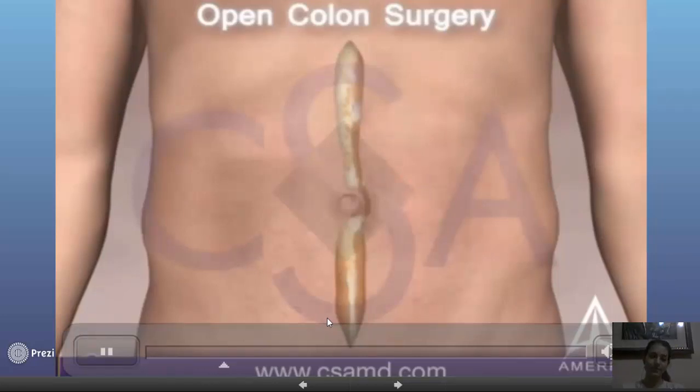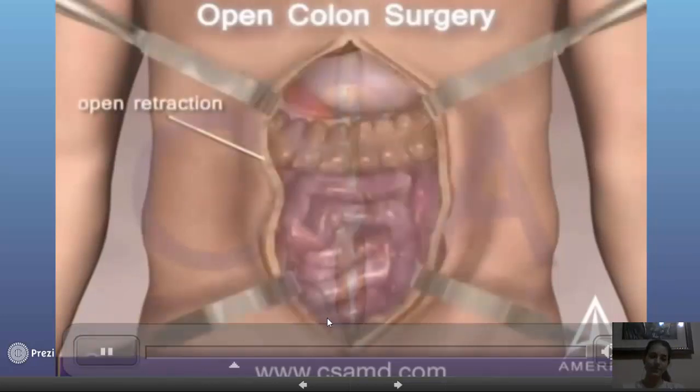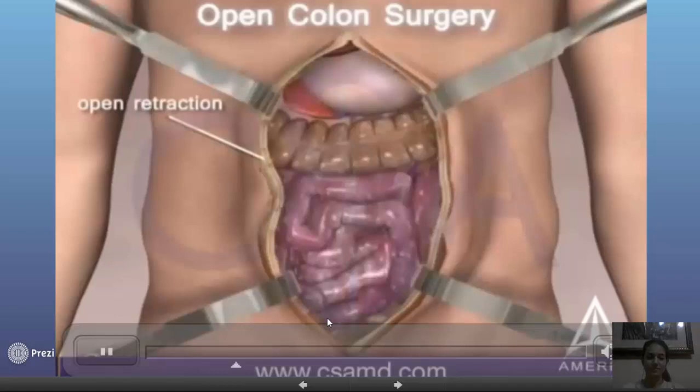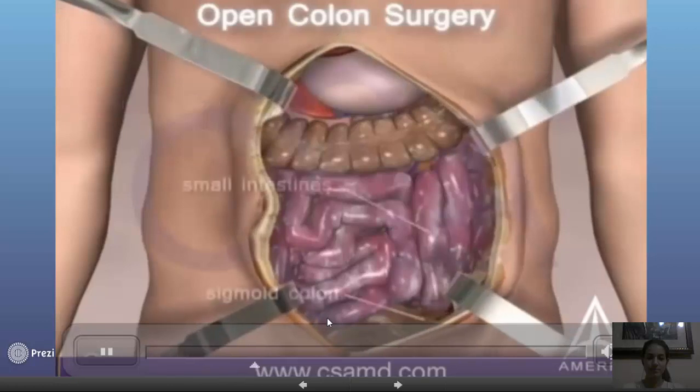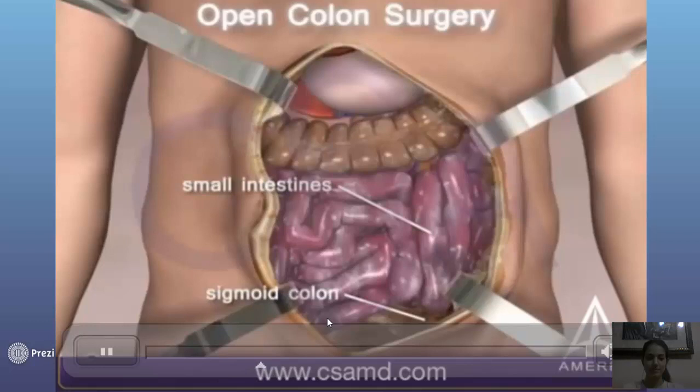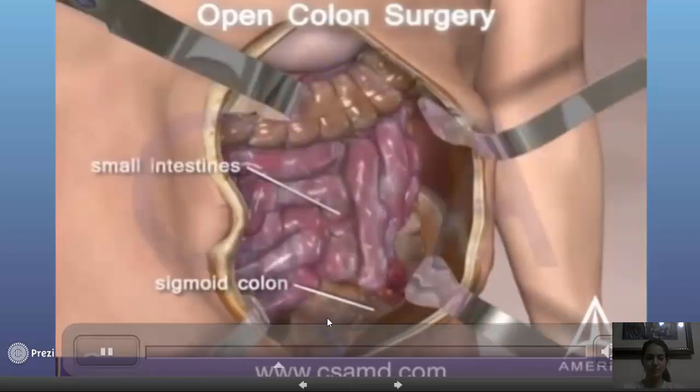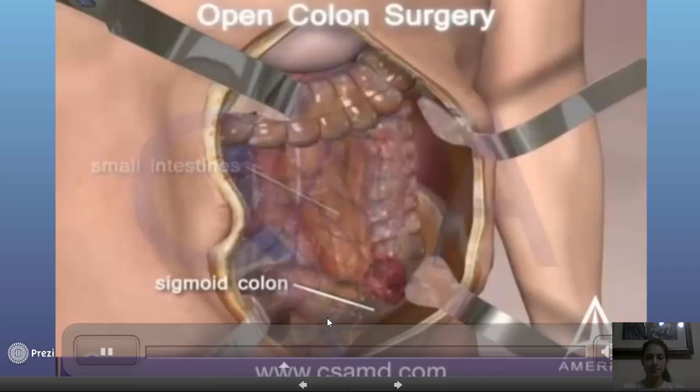Open retractors are used to expose the abdominal contents, with the small bowel and colon seen here. In this case, a colon mass of the sigmoid colon is identified and isolated for removal.